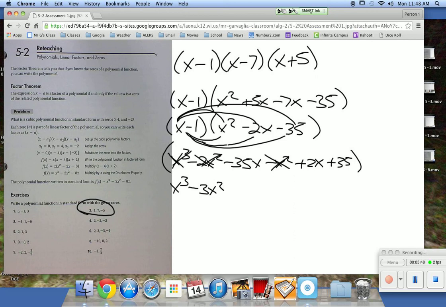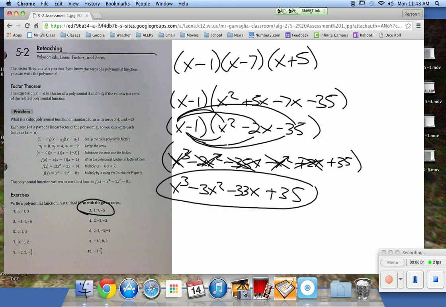I've got a minus 35x and a plus 2x, minus 33x. Cross them off. What am I left with? A plus 35. And that is your answer. So it's a little bit of busy work, but you can help yourself by doing this kind of stuff.